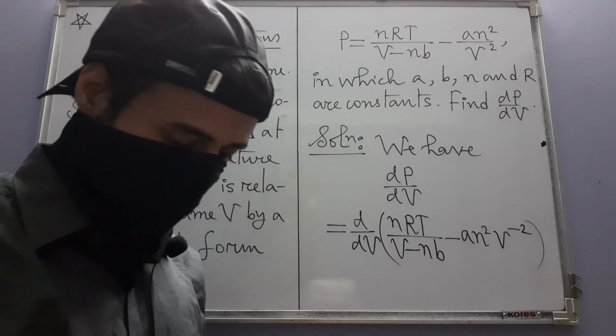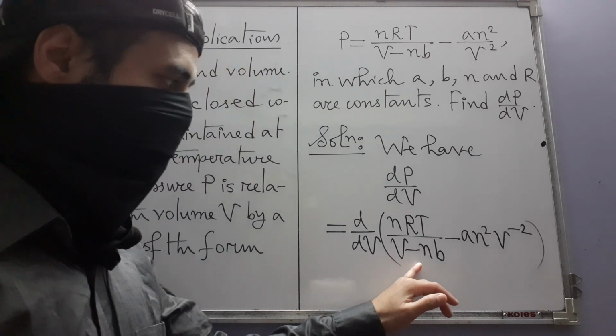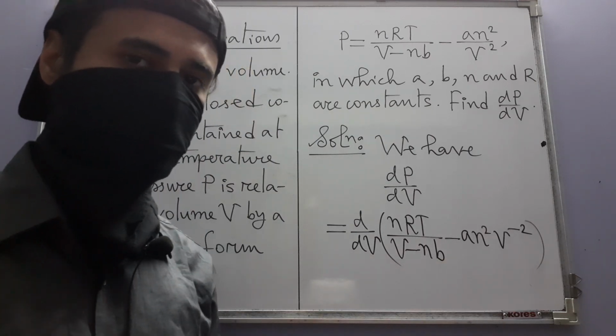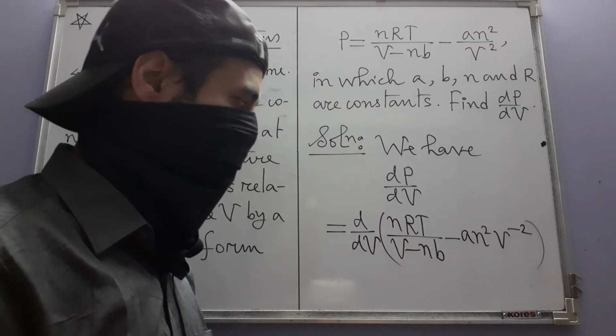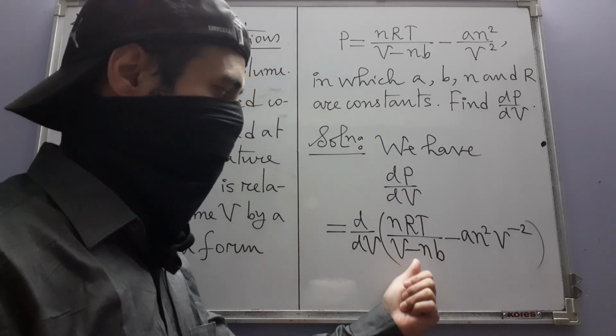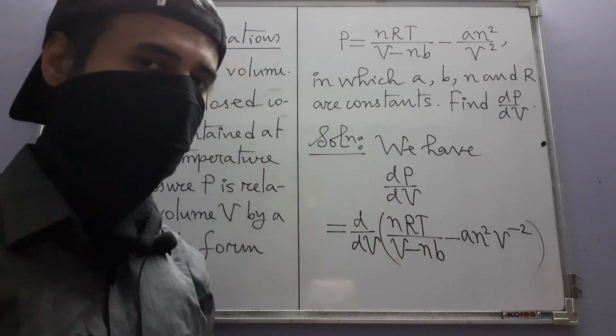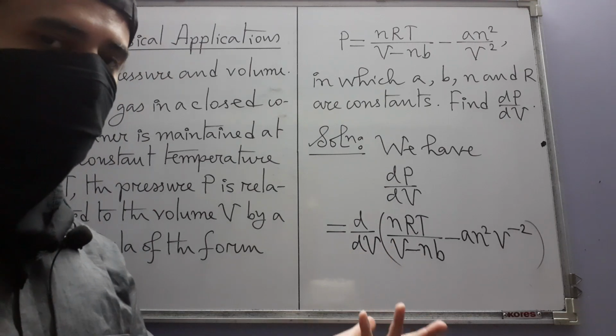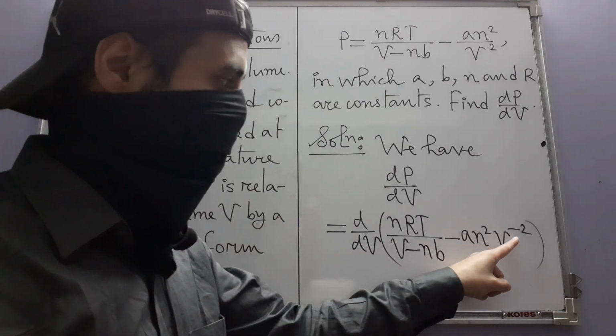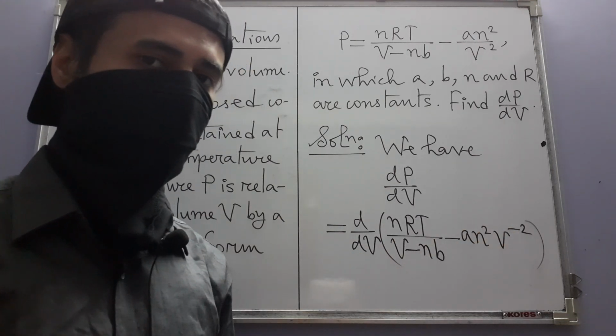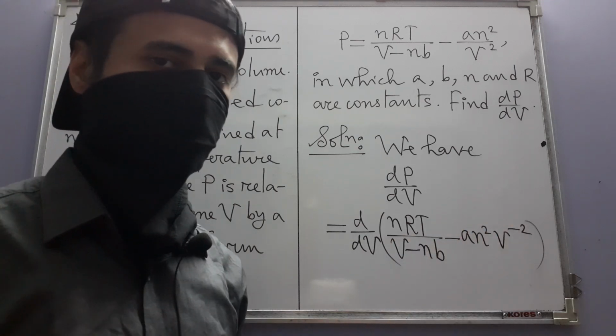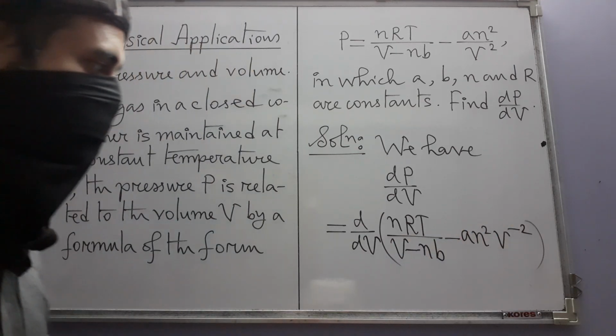What shall we do after this? I mean, what type of laws shall we apply here to differentiate this thing? Here, of course, you have to use the quotient rule, quotient law. There is no getting around that. Here, we can use the power law with negative exponent, which is available to us.